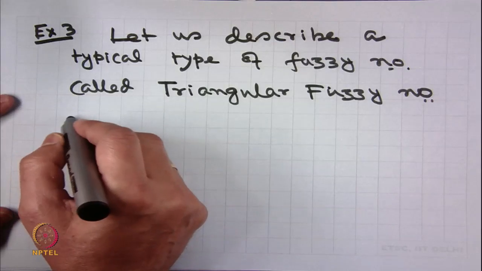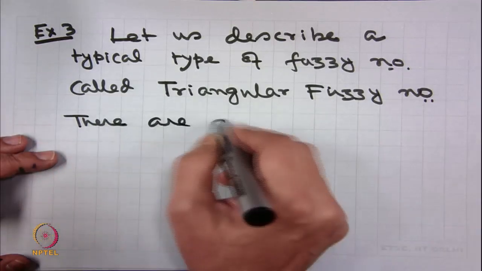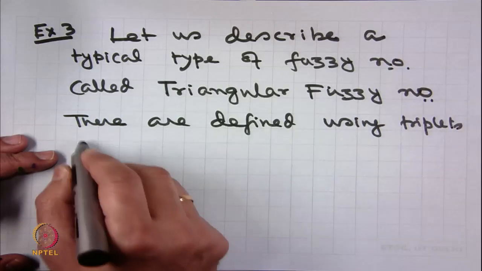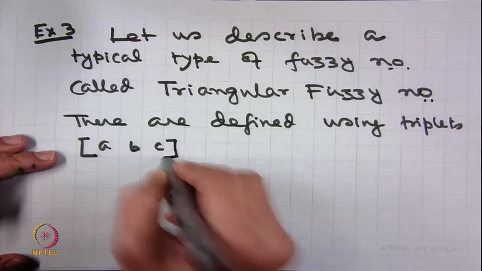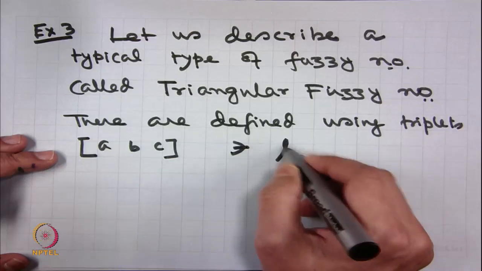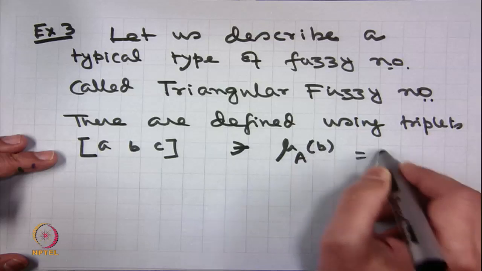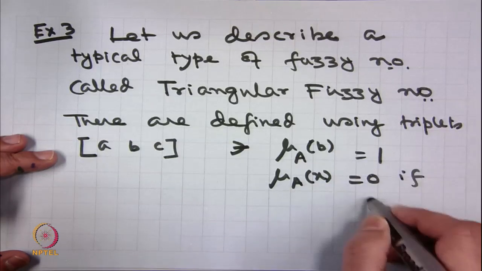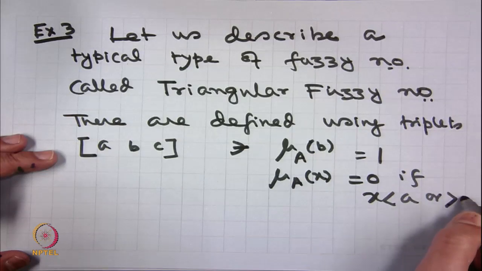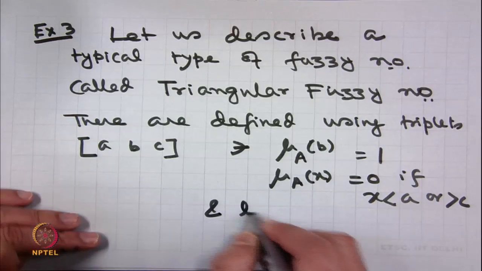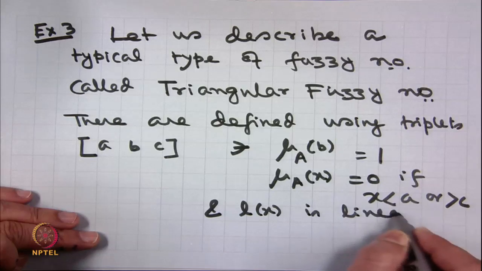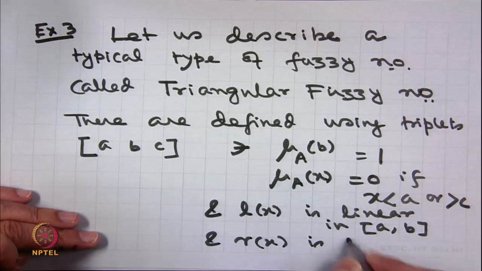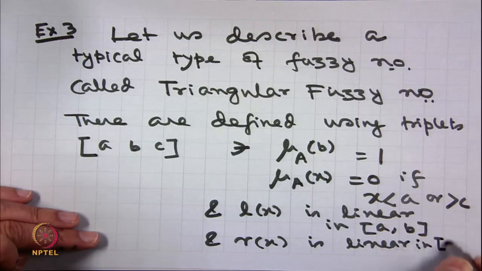Typically, they are defined using triplets a, b, c, such that mu A of b is equal to 1, mu A of x is 0 if x is less than a or greater than c, and Lx is linear in a to b and Rx is linear in b to c.